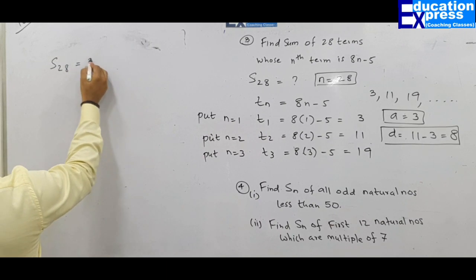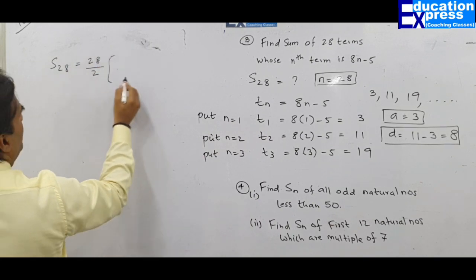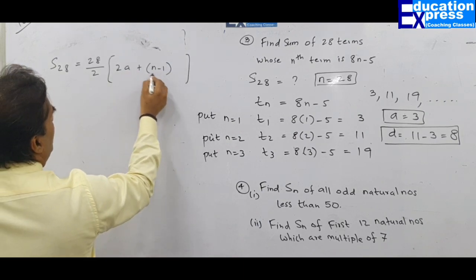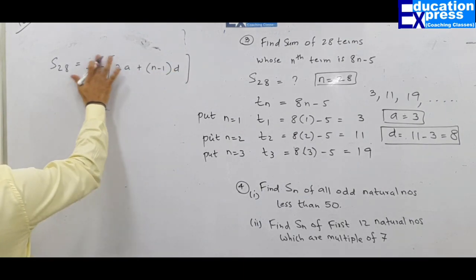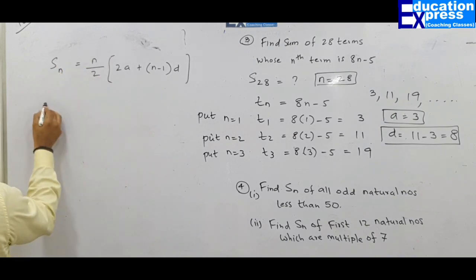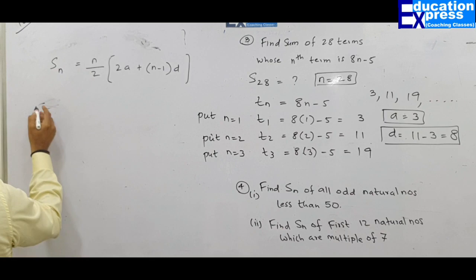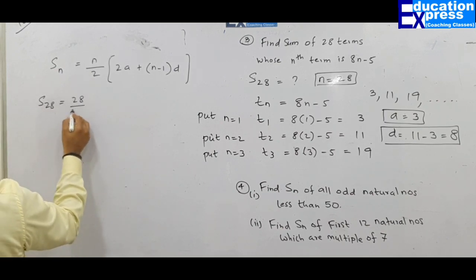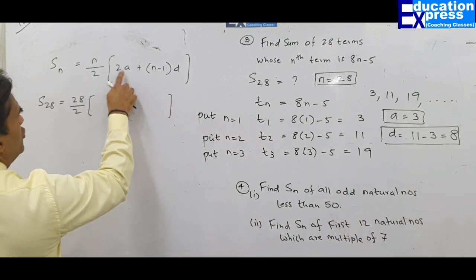S28 would be 28 upon 2 into 2A plus n minus 1 into d. If you simply want to state the formula, n upon 2 into Sn. Now you can state the values as well. That means S28 would be 28 upon 2 into the bracket 2A.